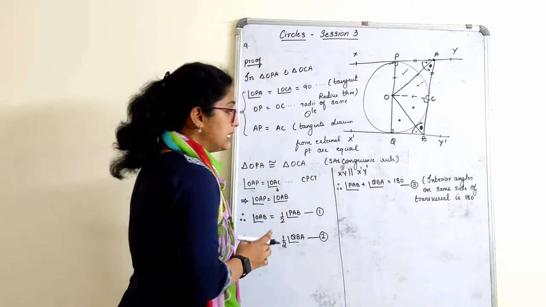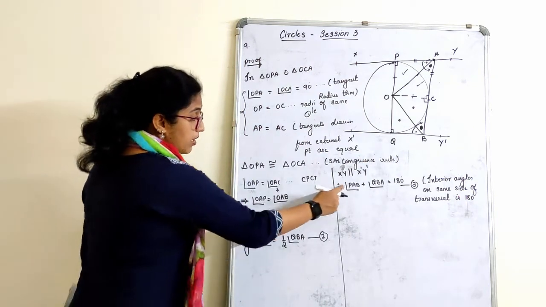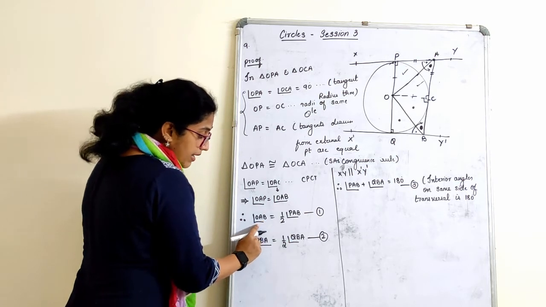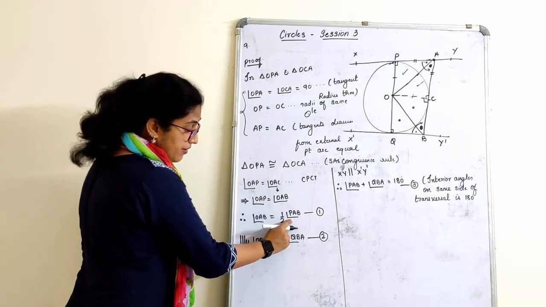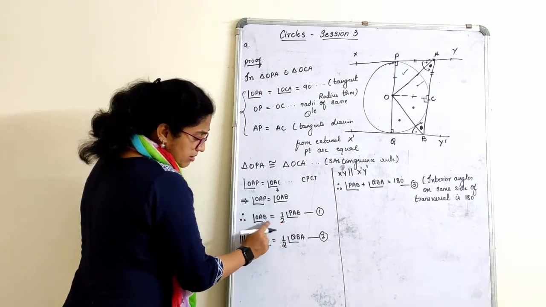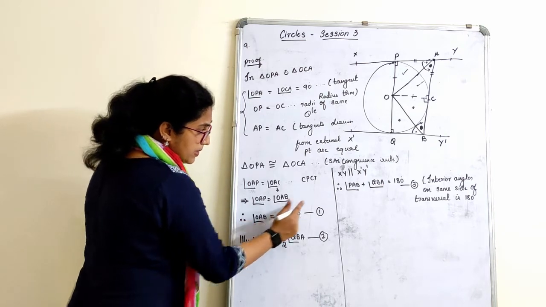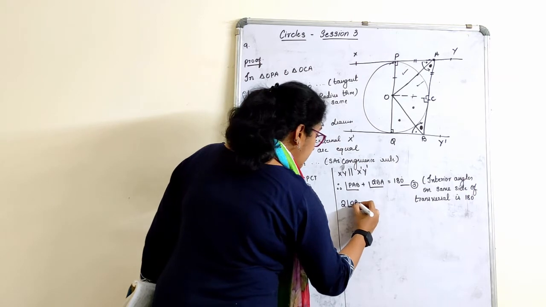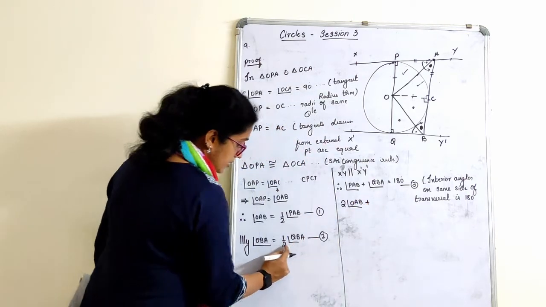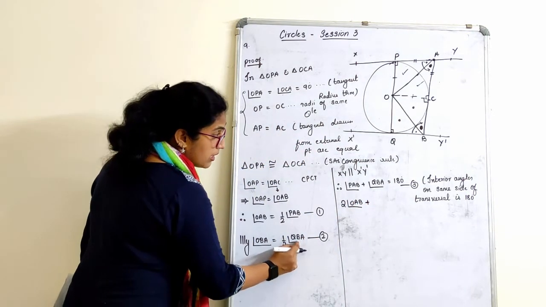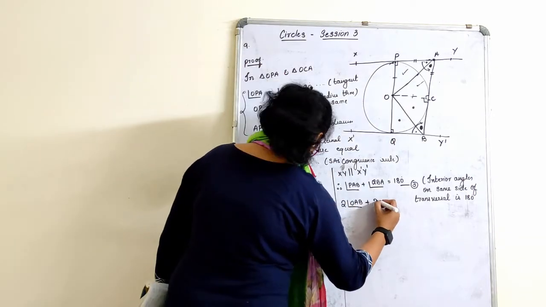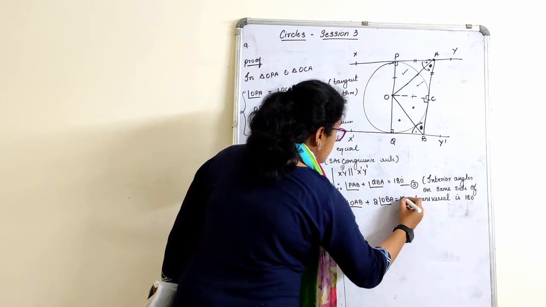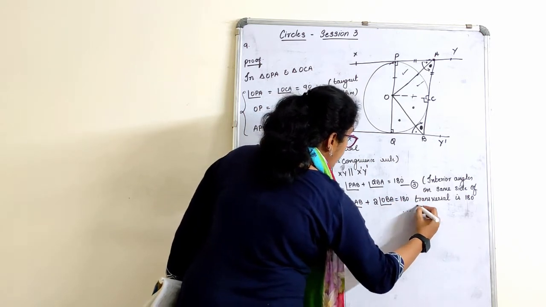We know this. Is it very clear over there? But here, see children, what is PAB? OAB is equal to half of this, we have written, right? So can I take this 2 here and I can say PAB is nothing but 2 times angle OAB. Can I write? Plus, if I shift this 2 here, QBA is nothing but 2 times OBA is equal to 180.